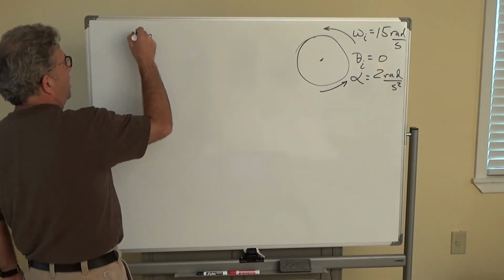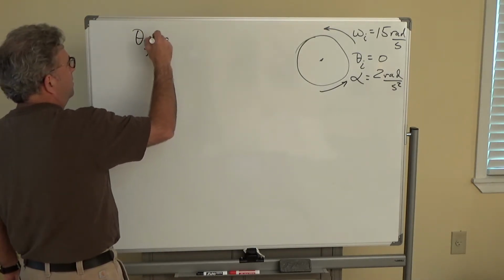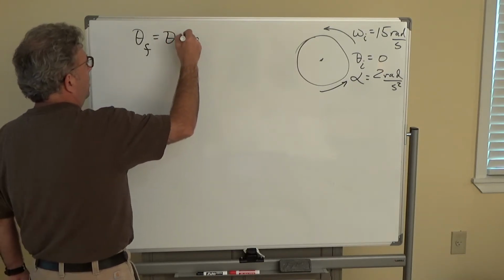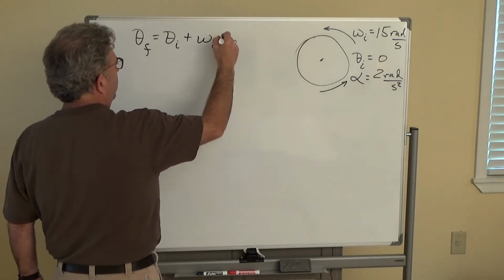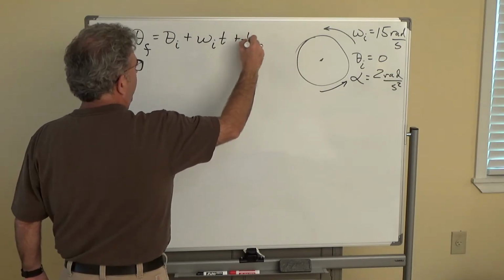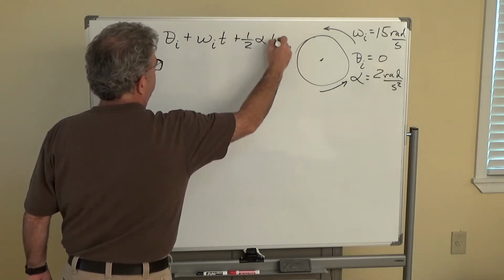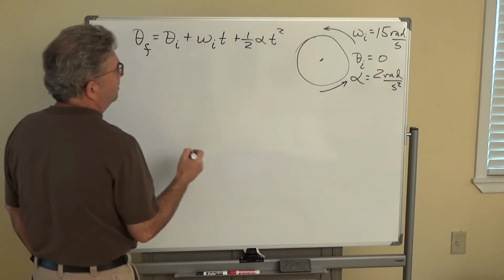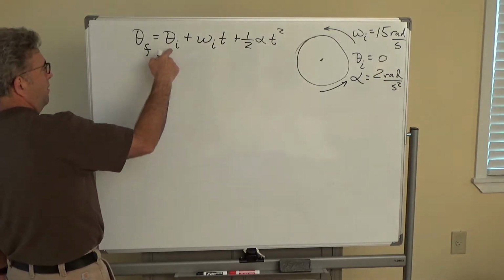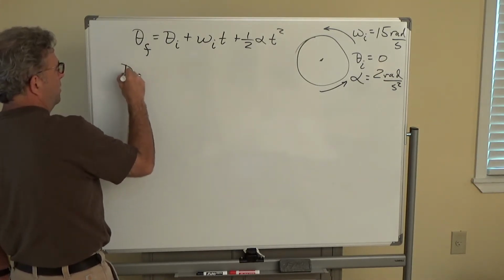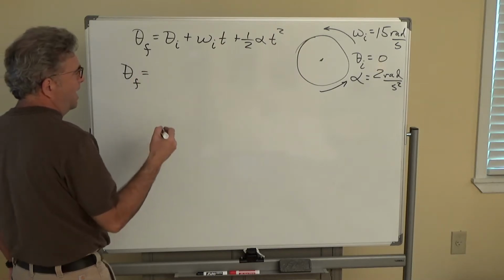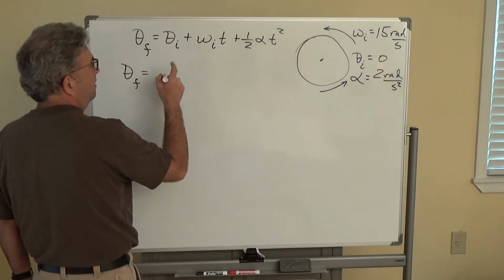So if we want to know the angle, theta final is equal to theta initial plus omega initial t plus 1/2 alpha t squared. Okay? Theta initial is 0, so theta final, this would be the angle through which it rotated.